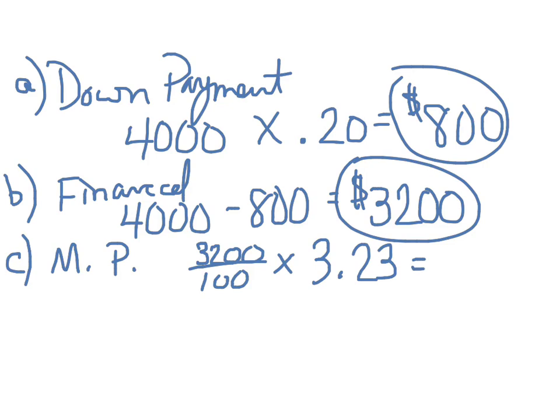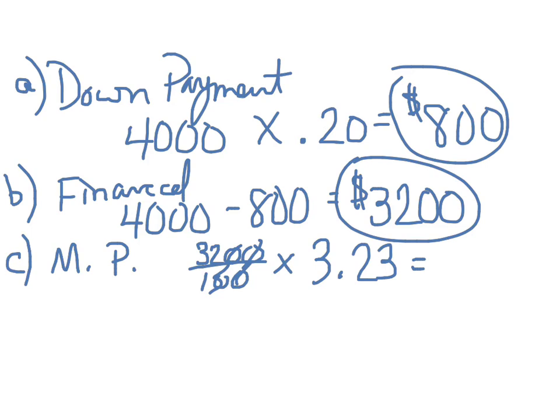So here's how you accomplish this. I would take 3,200 divided by 100, which when you divide by powers of 10 like that, all you have to do is chop off 0 for 0. So I end up with 32 times 3.23. What is 32 times 3.23?